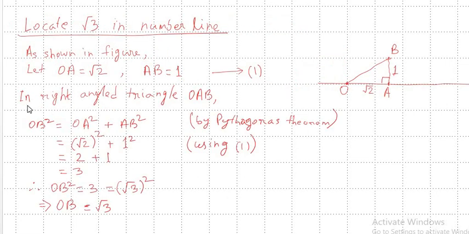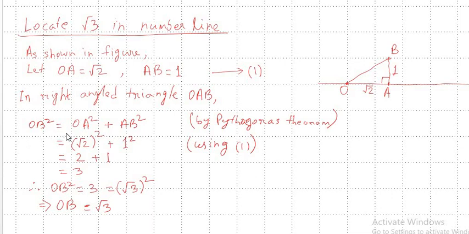So we will take right angle triangle OAB. Here we have OB. OB will be the hypotenuse as it is opposite to the 90-degree angle. This is a 90-degree angle, and opposite to the 90-degree angle lies the hypotenuse.